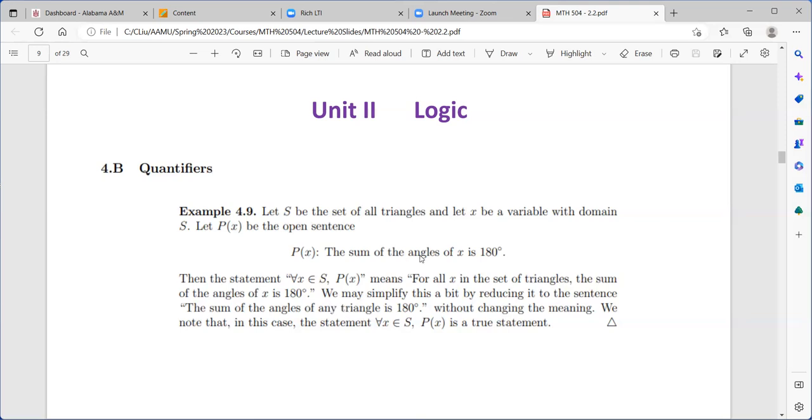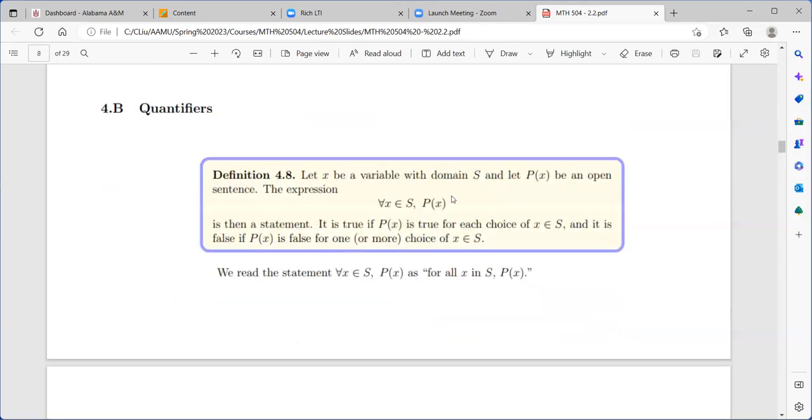So we have two things in here. We have the open sentence P of x, and then we have this quantifier in the front, which specifies the value of x, so that the whole thing becomes a statement.